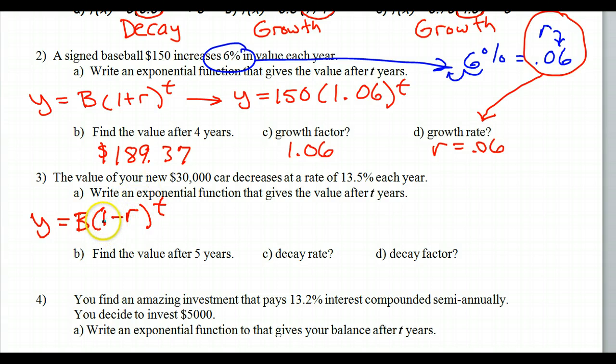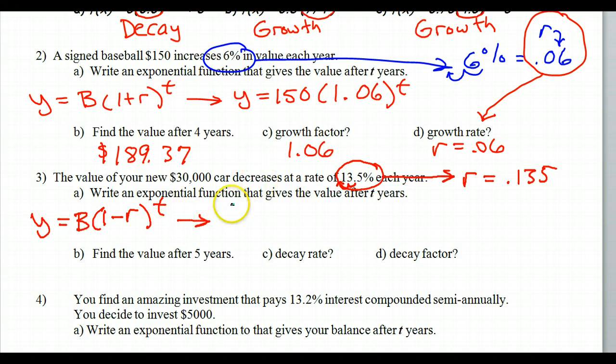But since we're decreasing, again, this 1 really represents 100%. So we're starting with 100%, and from that we are subtracting, well, let's go ahead and write that decimal. This is the percent of decay, but the rate of decay we will write as 0.135. Again, moving that decimal point twice. So 100% minus the 13.5%, that's what we're really doing.